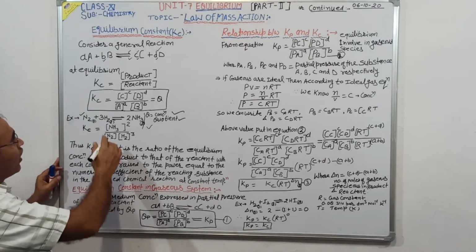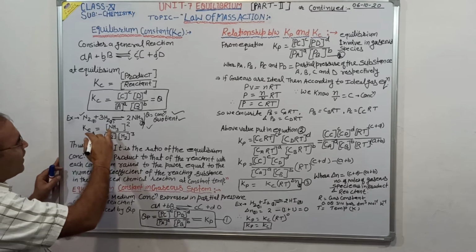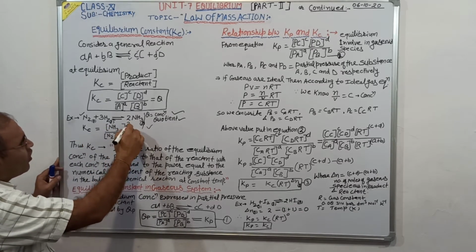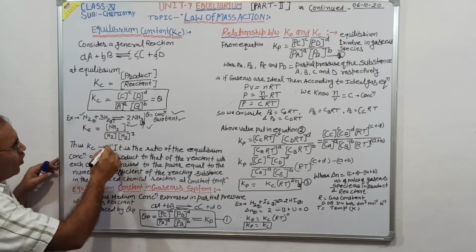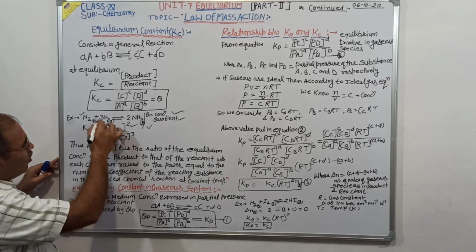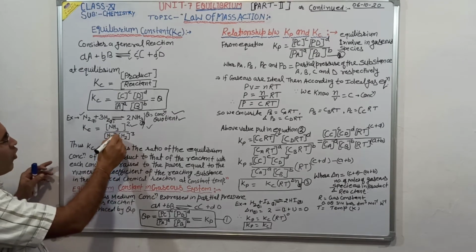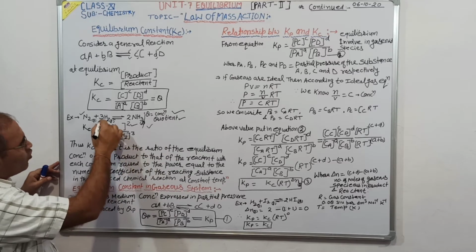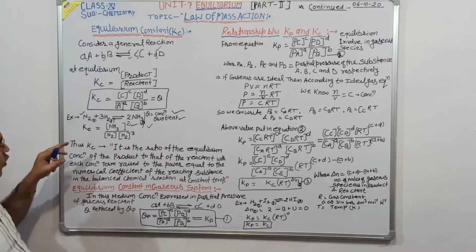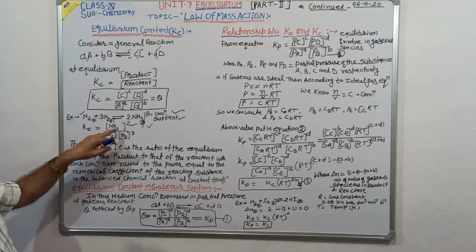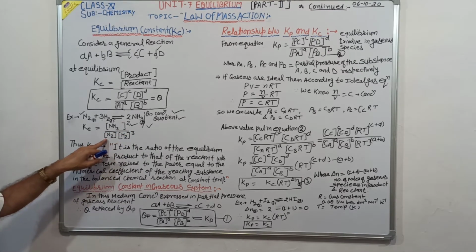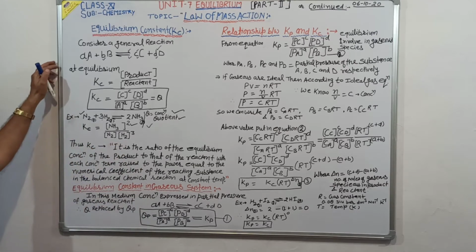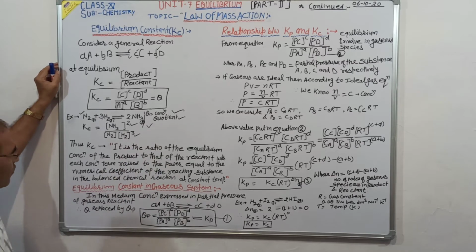In this case, Kc is equal to the concentration of NH3 raised to the power 2, its numerical coefficient, upon the concentrations of the reactants N2 and H2. N2 has numerical coefficient 1, and H2 has 3 moles, therefore it is raised to the power 3. Therefore Kc is equal to [NH3] squared upon [N2] and [H2] cubed.